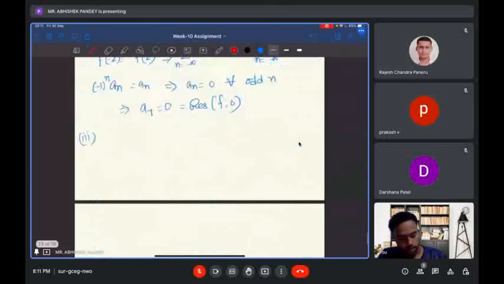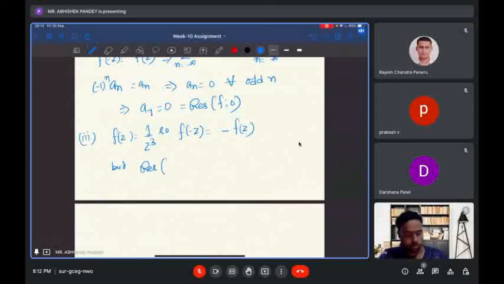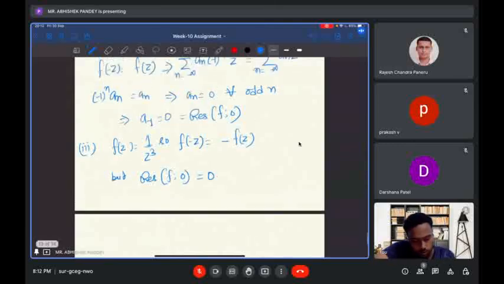So f(z) equals 1 upon z cube. So f of minus z is nothing but minus f of z. But the residue of f at 0 is 0. So this option is also not true.